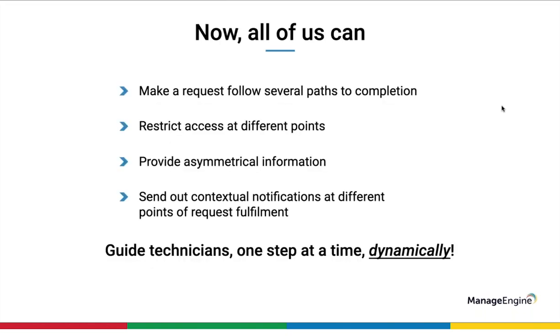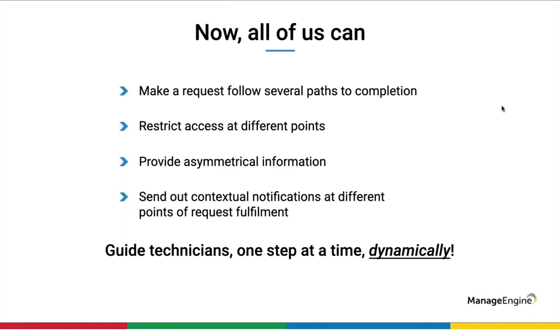Now, all of us can make a request follow several paths to completion. You don't have to create different templates for processing the same request in different ways. Instead, there can be just one template and different paths depending on the criteria and situation. Restrict access at different points. So at different status change points, I can restrict access to only certain technicians.